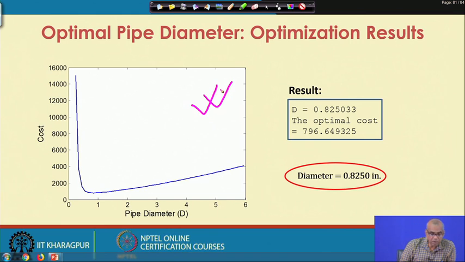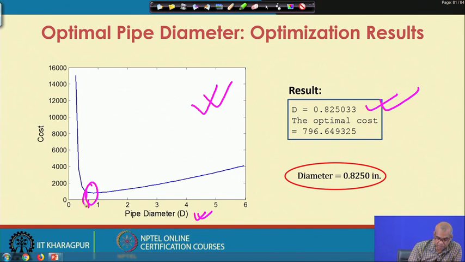So, this plot is nothing but the direct use of the cost function expression for various values of the pipe diameter D. Since this is a single variable optimization problem, you can obtain the optimal value of D simply by plotting. So, you can see that here also the value is about 0.82.